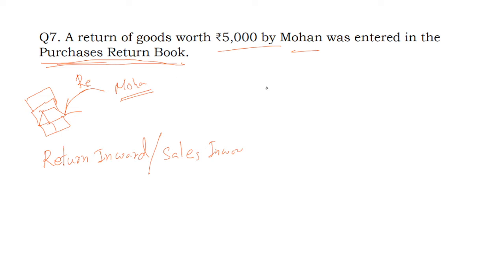Instead of writing it in the sales return, there should be sales return of 5,000. But wrongly it was recorded in the purchase return.